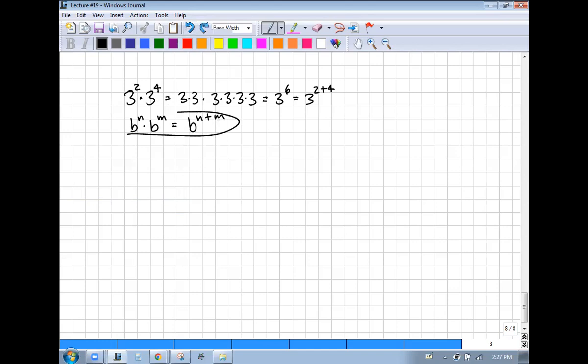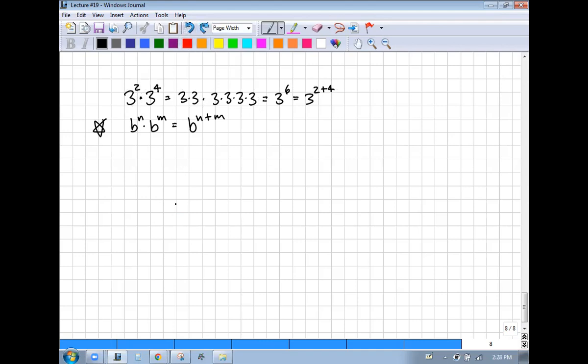So this is the general form of this example. All right, so this is rule number 1 of what you can do with exponents. So if you're multiplying, you just add the exponents of the like base. Again, you can see it in this example here. 3 squared is 3 times 3. 3 to the 4th is 3 times 3 times 3 times 3. How many 3's are multiplied together? 6, or 2 plus 4.